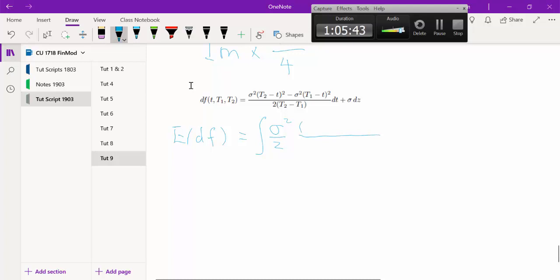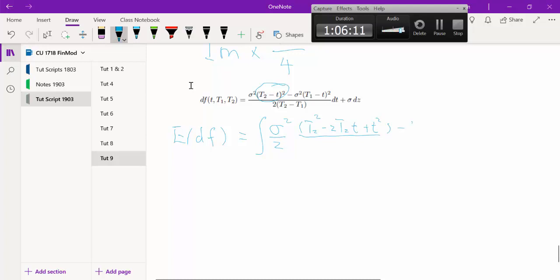And I'm going to multiply out the T2 minus t all square. So that is T2 squared minus 2 T2 little t plus t squared. Now don't worry if you don't follow me. First of all, this is all on video. And then you're going to get these notes anyway. Okay. I'm just simply multiplying out this term here.